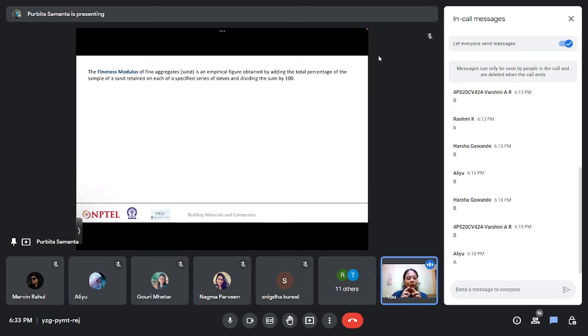There are particular ranges. If the fineness modulus falls within a particular range, we may call it fine sand, medium graded sand, or coarse graded sand. And for construction purposes, medium graded sand is most preferred. So how do we find this?